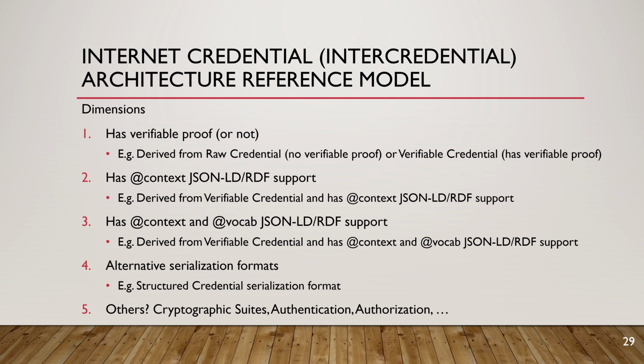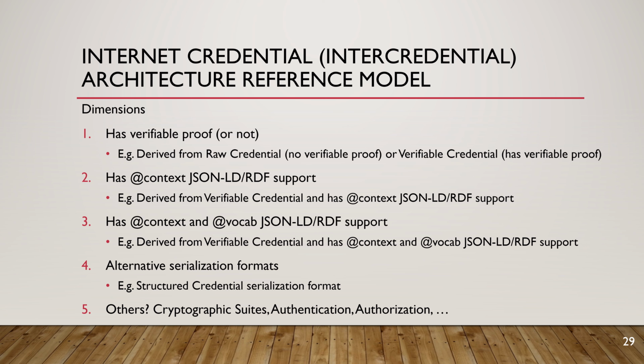The second dimension is, does it have support for the JSON-LD RDF at context tag in the verifiable credential? That is, the credential is derived from verifiable credential and has at context JSON-LD RDF support. Number three is again a baby step in terms of elaboration of the architecture reference model. It supports both at context and at vocab JSON-LD RDF support.